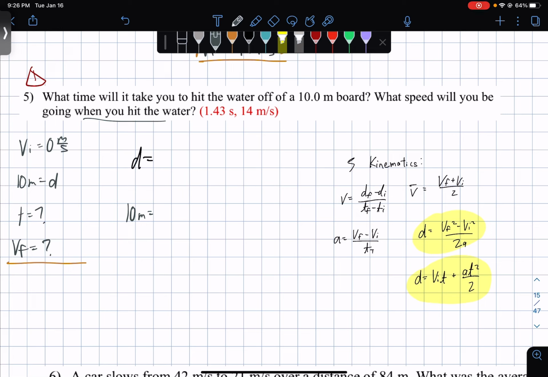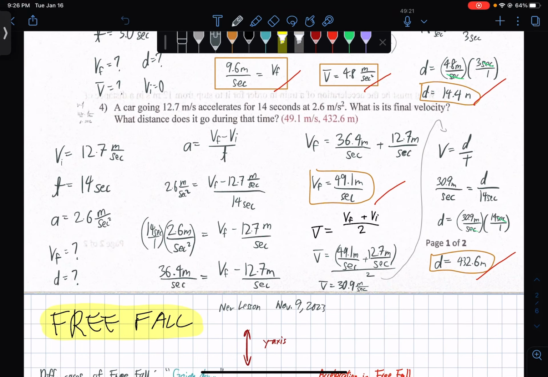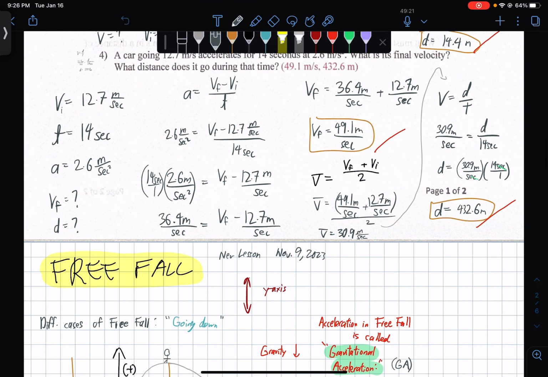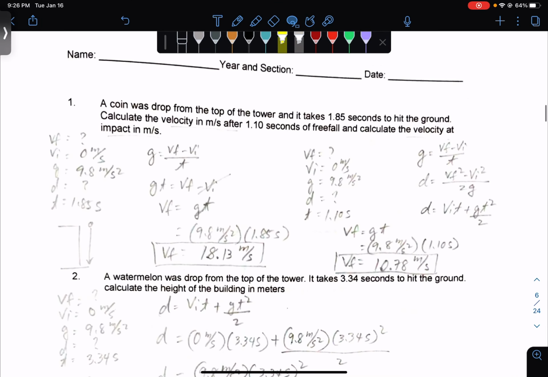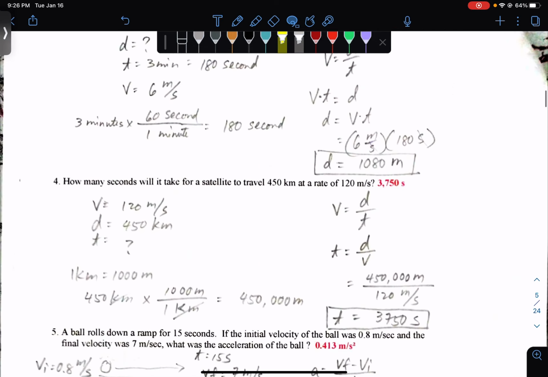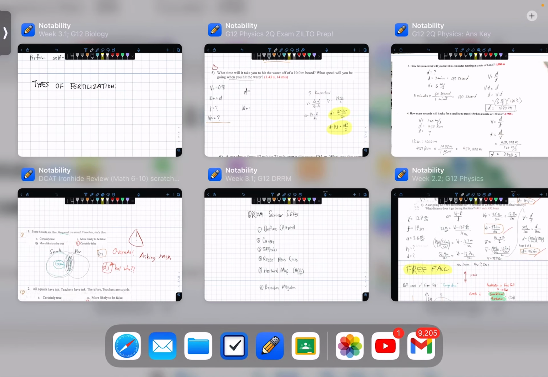VF minus VI. I can't believe I don't have notes for that.